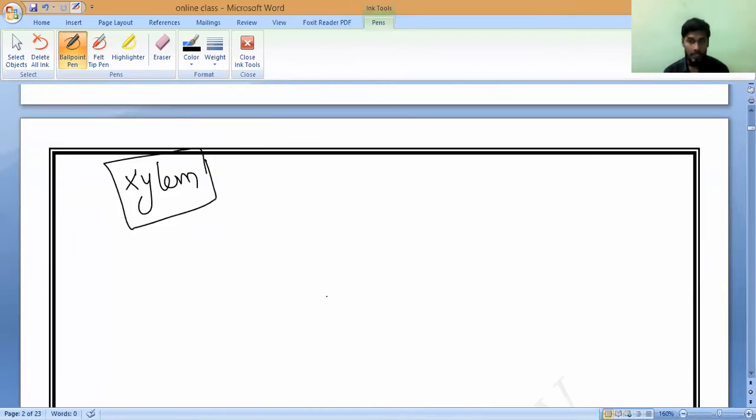Now, finally, I can write the mechanism of water and mineral transport in plants. What is the process, from the first step? Root hair.